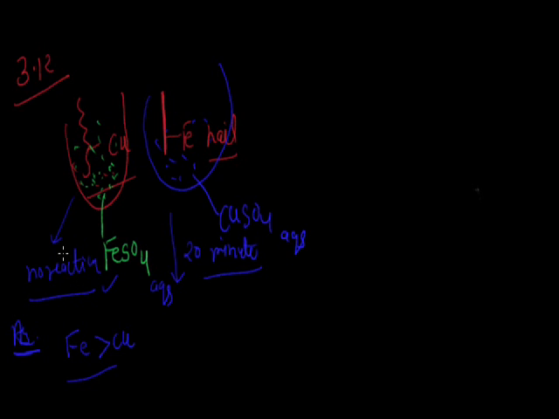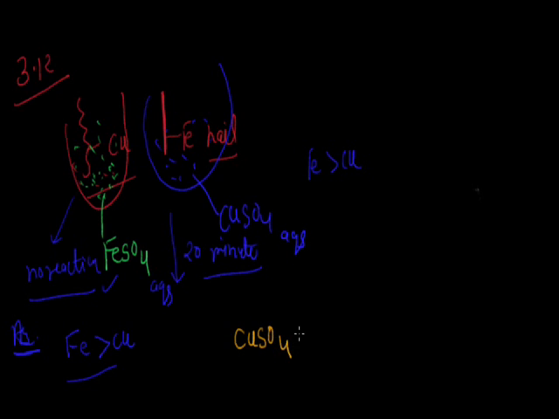Now the second case, when the iron nail is dipped in the copper sulfate solution. We know that Fe is more reactive than copper. So here the more reactive metal is in the solid form, that is the iron nail, and the less reactive metal is in the salt form, copper sulfate. So the reaction takes place.